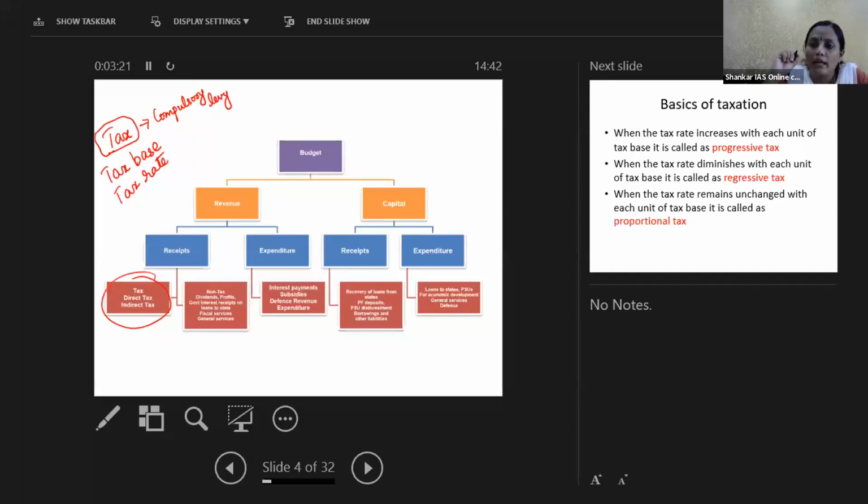What do we mean by tax base and rate? Tax base means, for example, if we talk about income tax, the simplest tax, let us take it. We will ask ourselves a question. Who has to pay income tax in India? Do we have any idea about this?